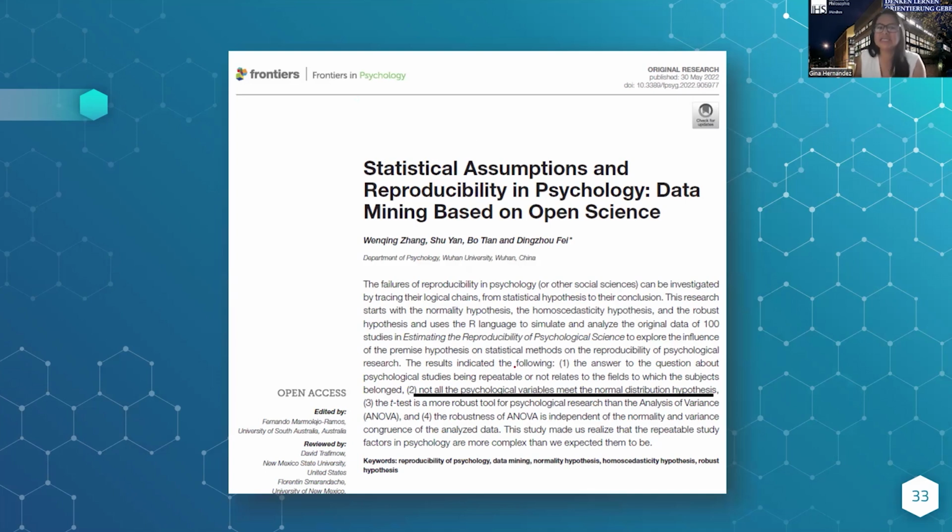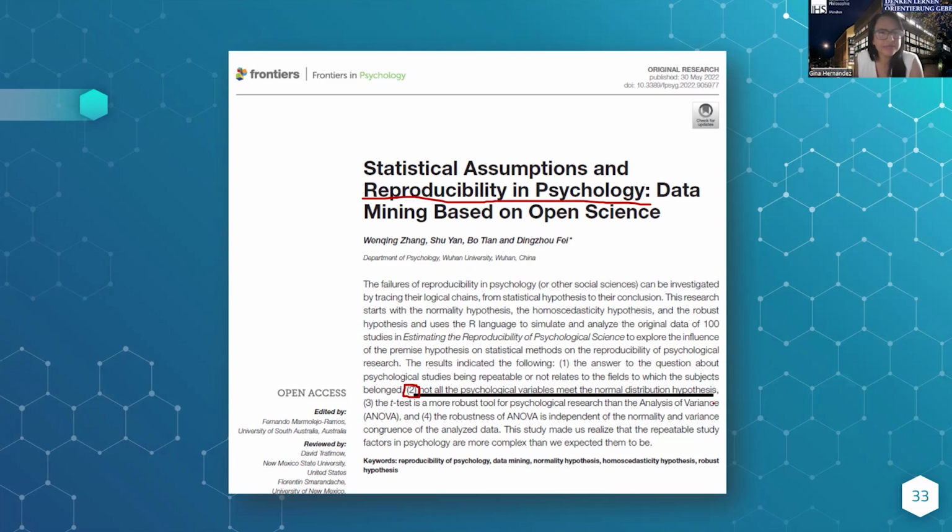As you can see here in this paper, which I left in the materials for you in Moodle, the second thing that these authors detected regarding issues in reproducibility in psychology research is that not all psychological variables meet the normal distribution hypothesis.